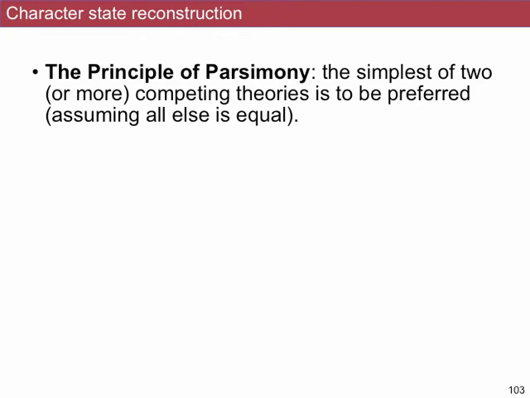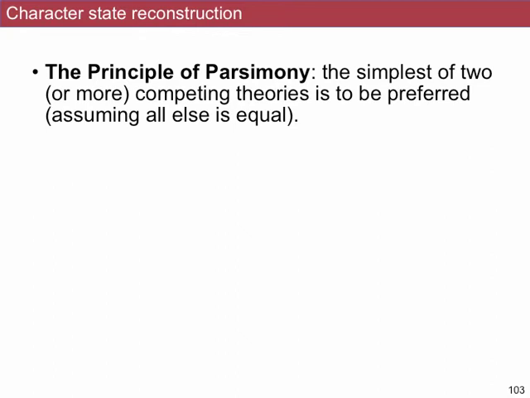So if someone picks up a turtle and puts it down in the front of the room and it's wandering around, and then you see the turtle over there, it's possible that the turtle went out the door, around, opened the door itself, and then let itself in the other side. A simpler theory would be that it just walked over there. We use parsimony all the time in our daily lives.